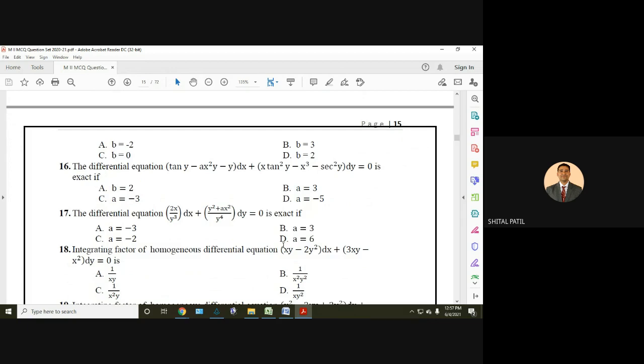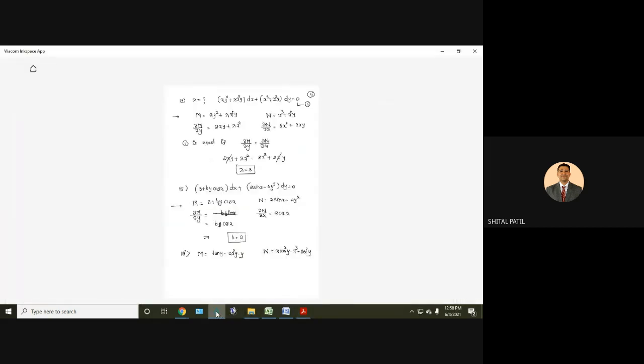Okay. Question number 17. Solve 17. Solve 16. Sorry, please make small change. 16 is somewhat difficult. Solve example number 16.